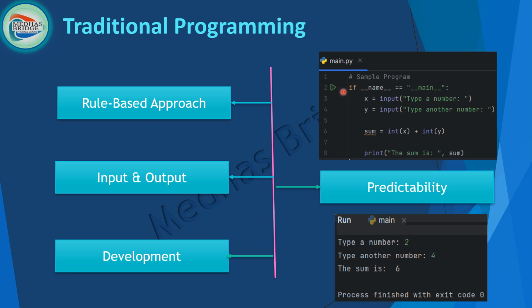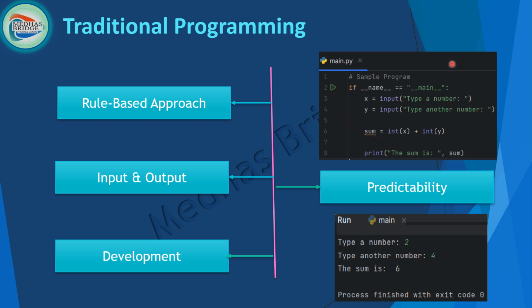Here I start main, and then I read the input variable 1 and variable 2 and then add them, because when you're reading these variables they are going to be converted into int from the string IO stream, then add them as integer variables and print the result. So I have sequential rules that I defined to solve my problem statement. This is what I'm saying. This is a rule based approach, and it requires inputs in order to produce an output.